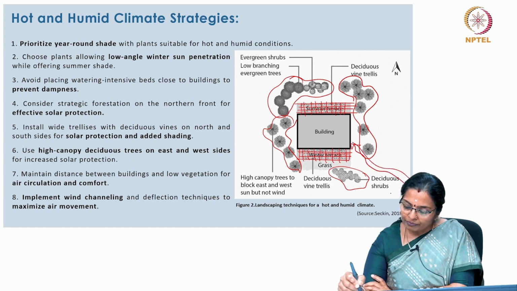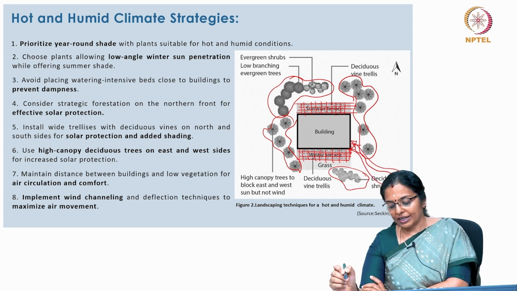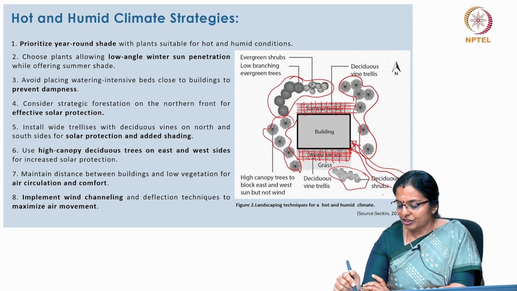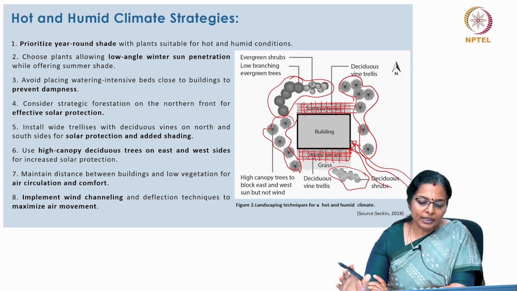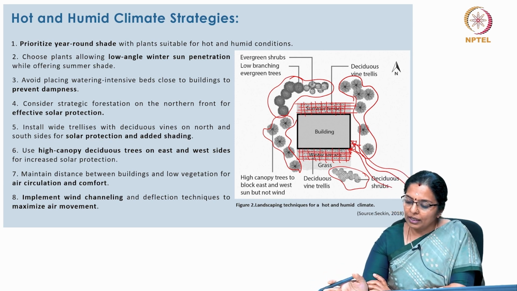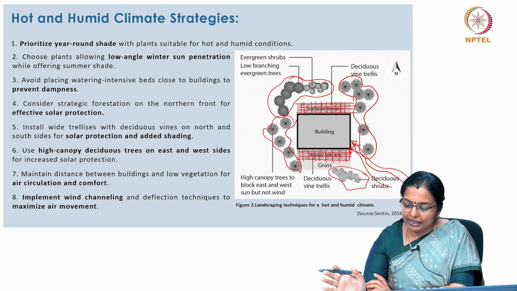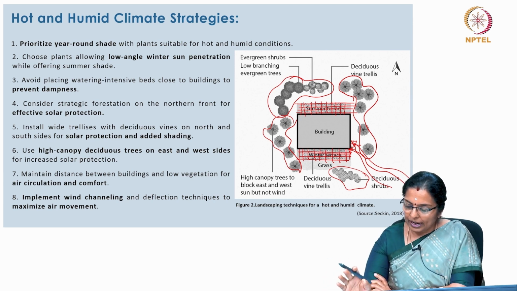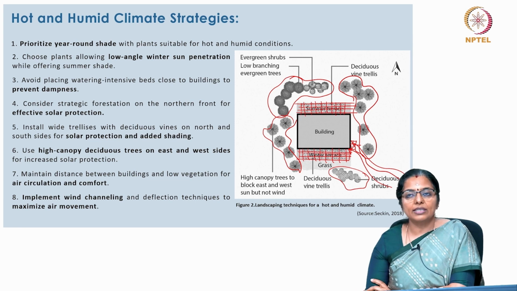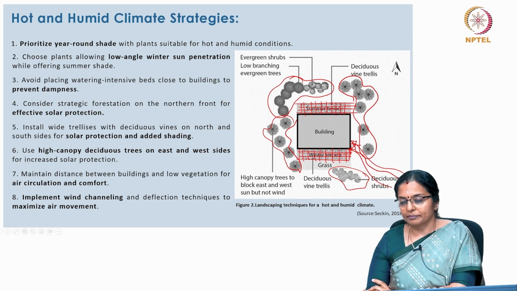So, depending upon the wind direction, we must have deciduous shrubs, normally around 13 degrees latitude. South and southeast is a prominent direction for breeze.